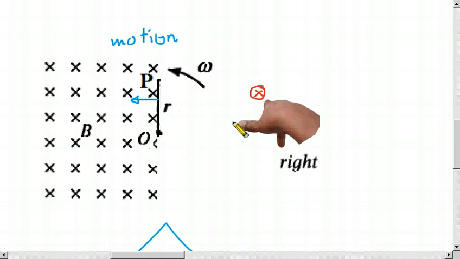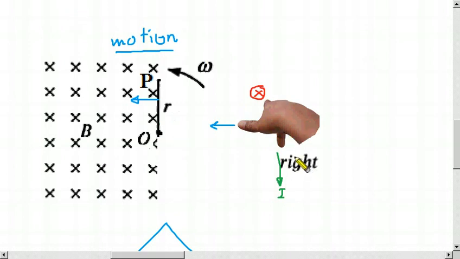After doing that, you direct the index finger towards the direction of B, flux density, and rotate your hand without changing your fingers, so that the thumb is directed to the direction of the motion. Since we know the direction of the motion, we can do this. After doing that, we get the direction of the current from the middle finger.